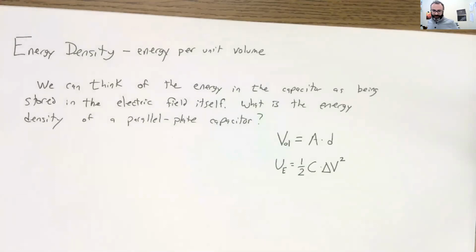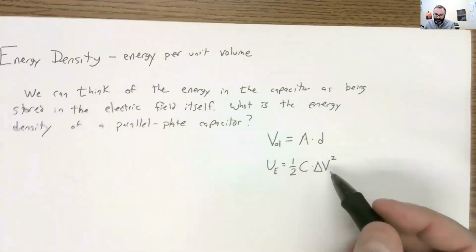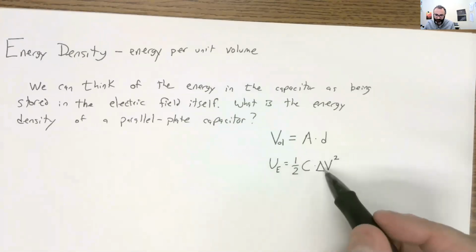What else am I going to need to know in order to figure out the energy per unit volume? You're going to need the charge, right? We don't necessarily need the charge because we know the capacitance and the potential difference.